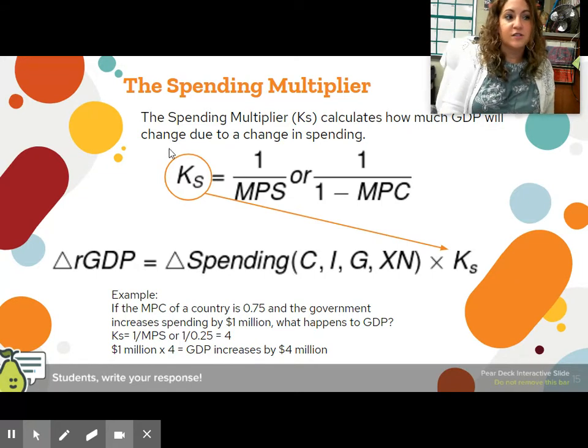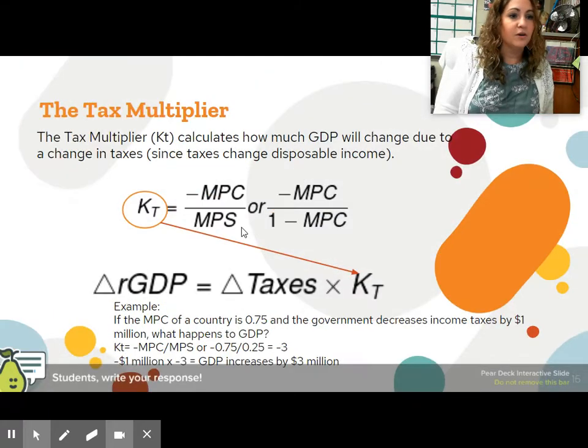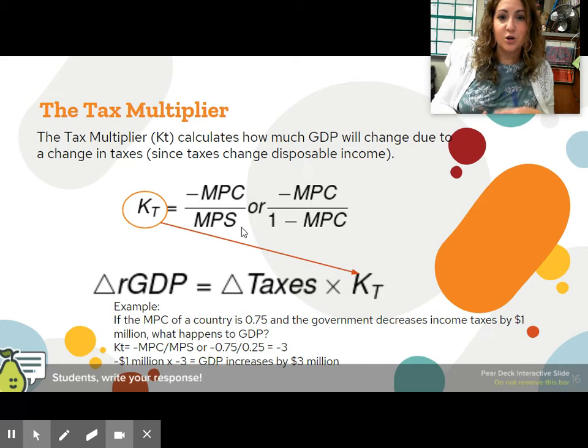Okay, so spending has a great impact on GDP, but so does a change in taxes. A change in taxes also has a big effect on GDP. So there is a spending multiplier, but there's also a tax multiplier. And the tax multiplier calculates, just like before, how much GDP will change if there's a change in taxes.